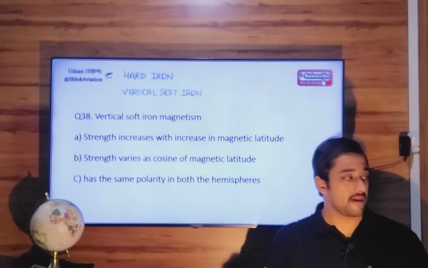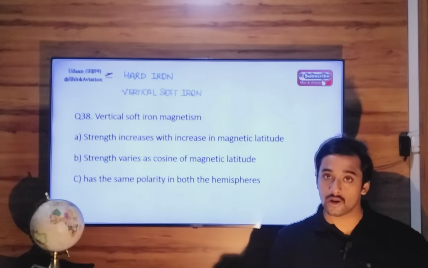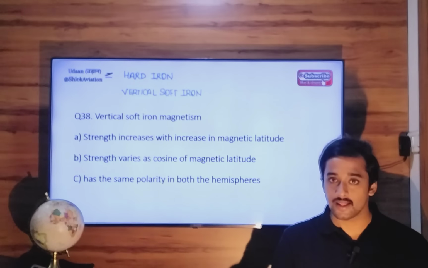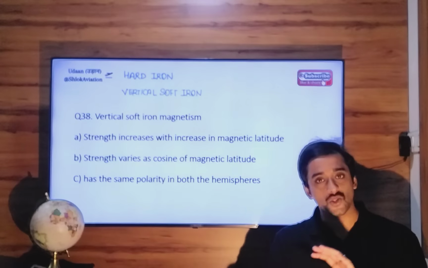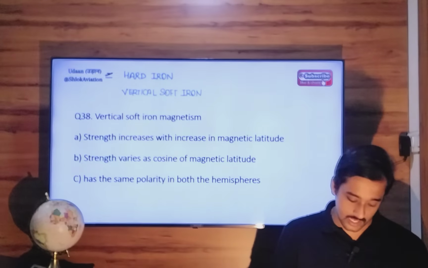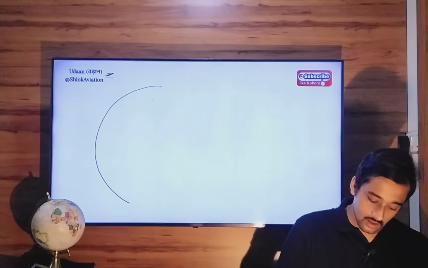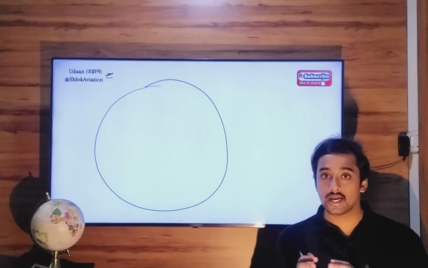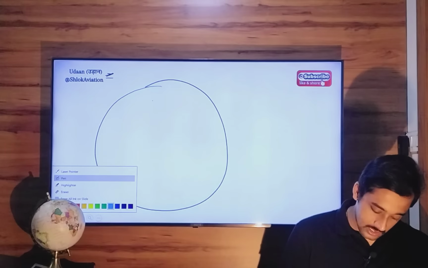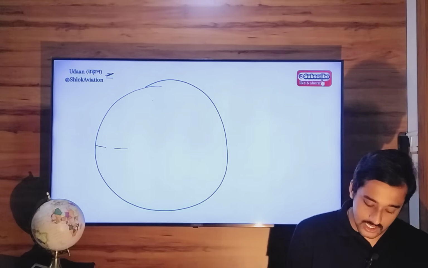Like you all know, the magnetic field of the earth has two components, horizontal and vertical. Now I have described this many times in my previous video lectures. Let's say this is your earth. Your magnetic compass requires the horizontal component of the earth's magnetic field. Let's say this is the equator.